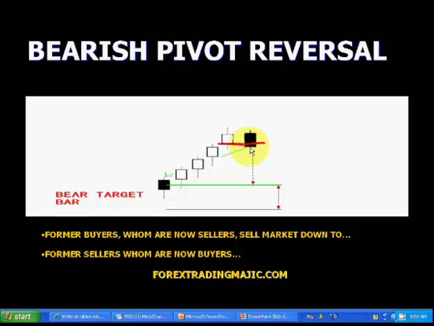Now it depends on your risk profile. For some people, getting a better entry point and lowering their stop is worth the risk of missing the move down, because sometimes it'll just keep going down without the pullback.